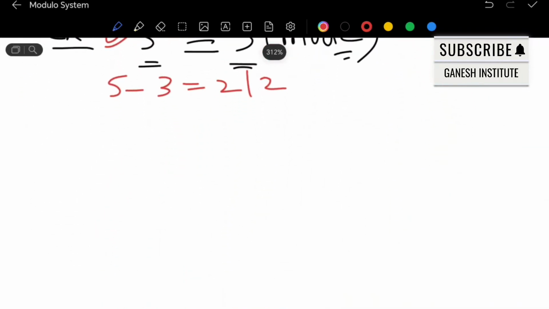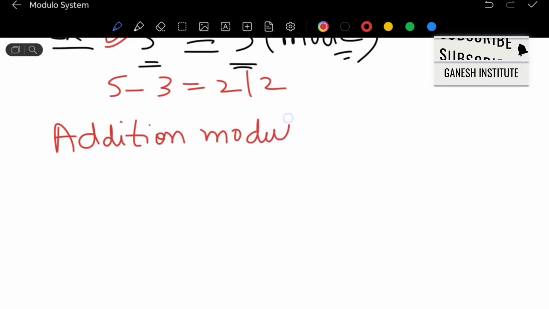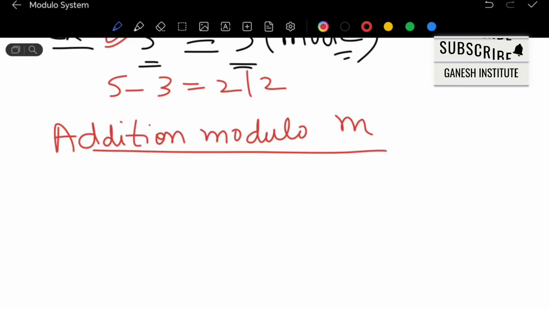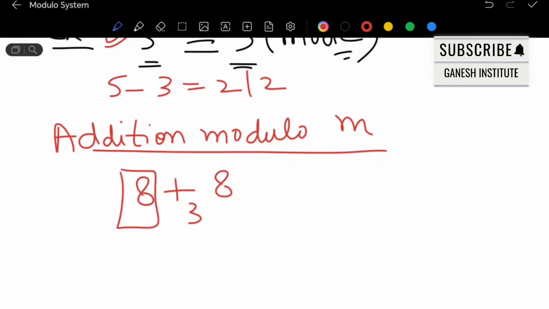Now there are many types. For example, I can have addition modulo m. I can have multiplication modulo m. For example, if I write 8 plus 3 modulo 8, what will it give us as an answer? So see, this is 8, it's fine.